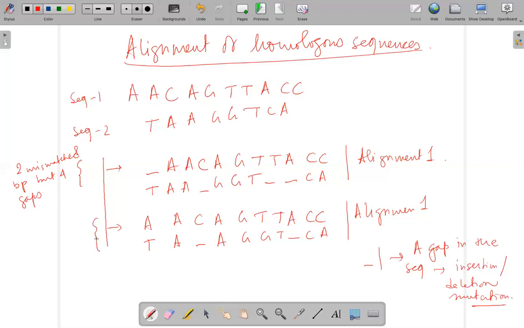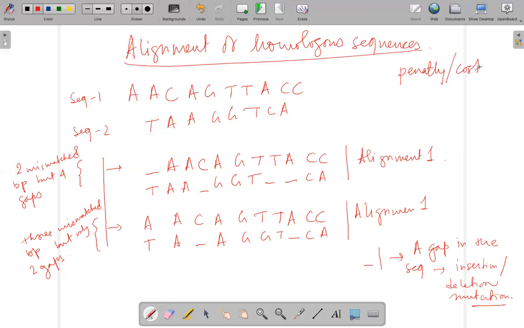Whereas the second one has 3 mismatched base pairs, but only 2 gaps. Now, how to tell which one is better? There is no way to infer which one is better unless you associate penalties.